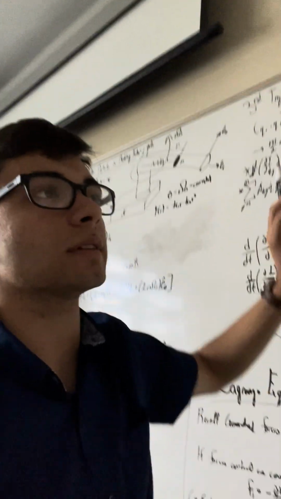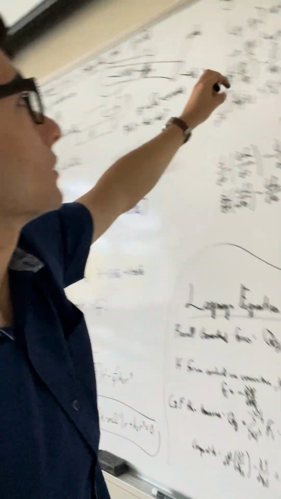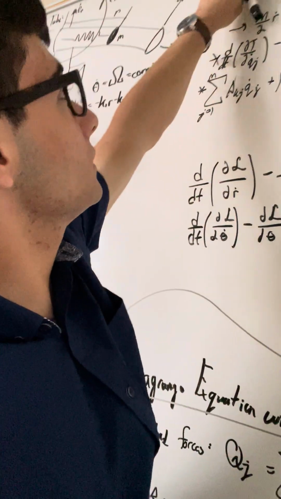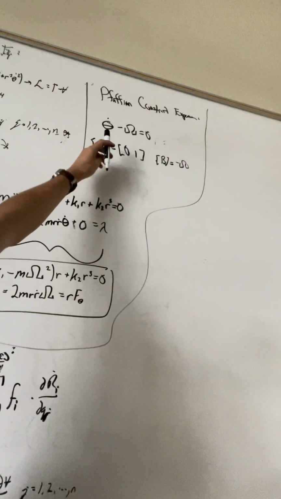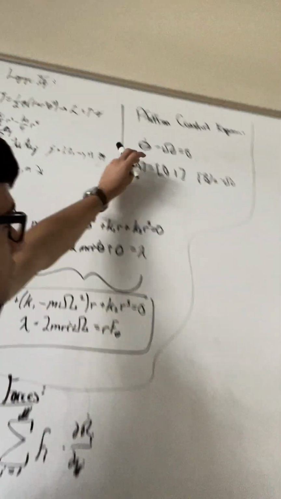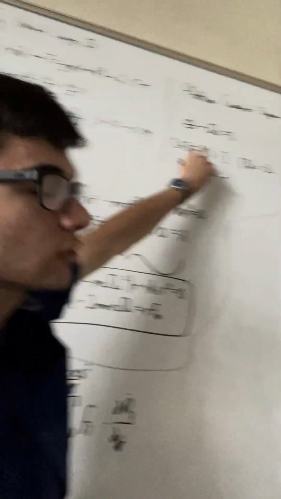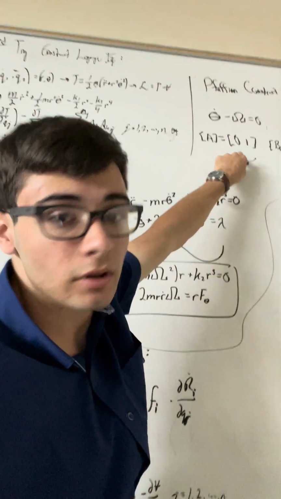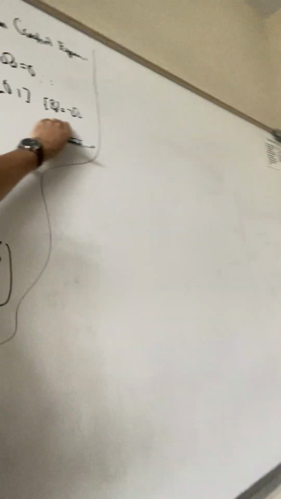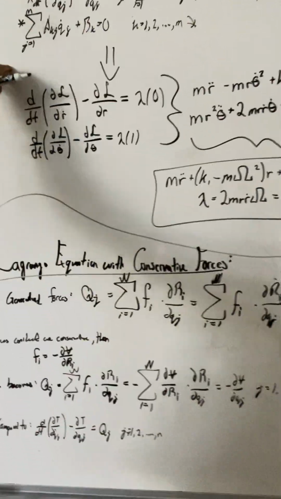Since it's understanding rates, if it was states, like dot states, then it would be holonomic constraints. Position constraint expression, which is just theta minus omega t. A, this is understanding not for rows, it's for columns. Understand B and negative omega. Let me hurry this up.